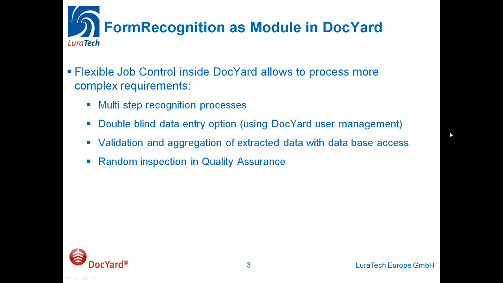You can let users work against machines, in terms of recognition accuracy, compare the results, take decisions, build loops, and do validation and data aggregation against looked up data from databases. You can do things like random inspection, like these 10% that need to go in quality assurance for sure, in order to check whether a batch principally is okay or not in the end, and all this kind of step.